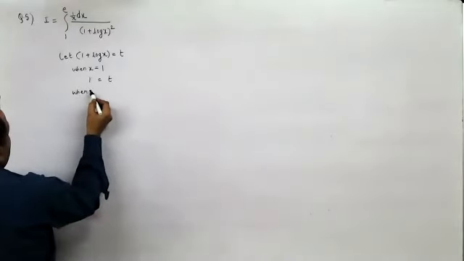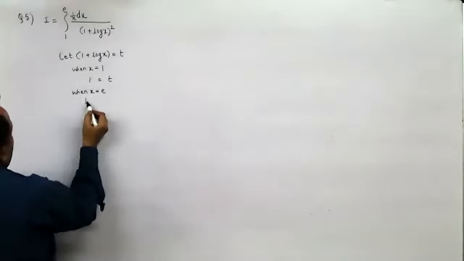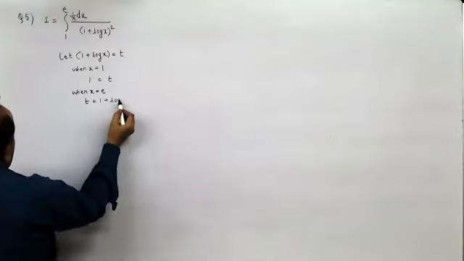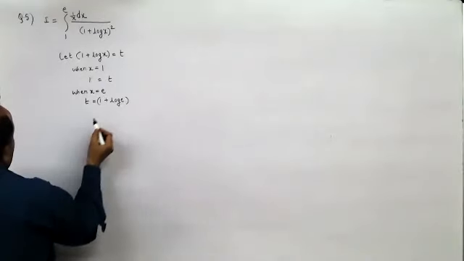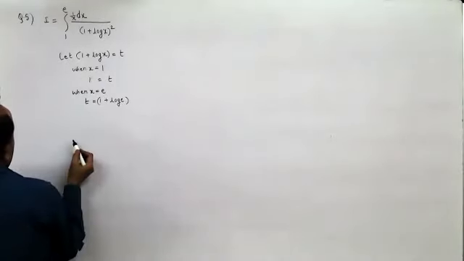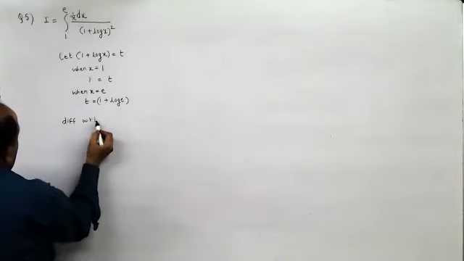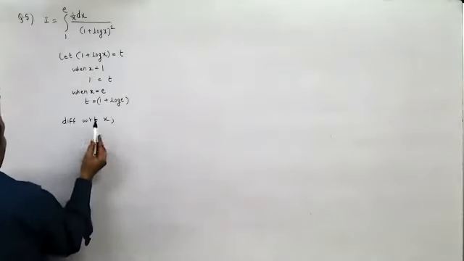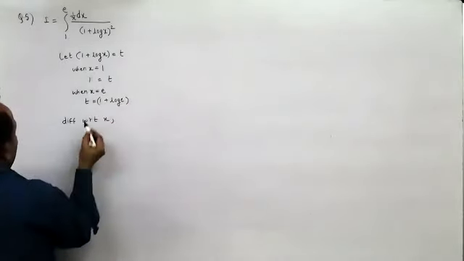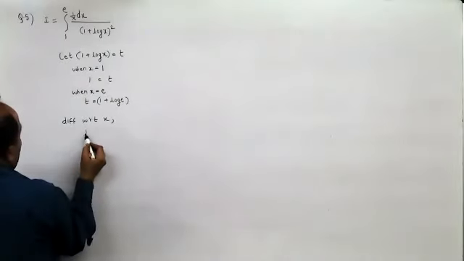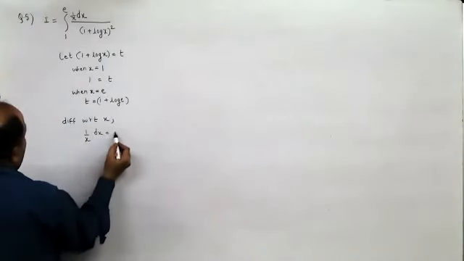When x is e, you will get t equal to 1 plus log e. I hope you haven't taken log e as 1. Did you take log e as 1? Sir, actually I didn't change the limits. You have to change the limit. When you are taking t, you have to change the limit. What is the derivative of 1 plus log x? That is 1 upon x, so dx upon x equals dt.